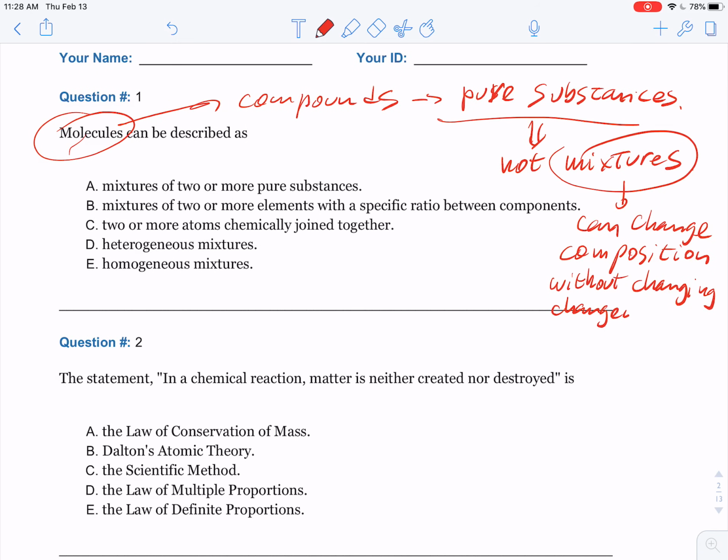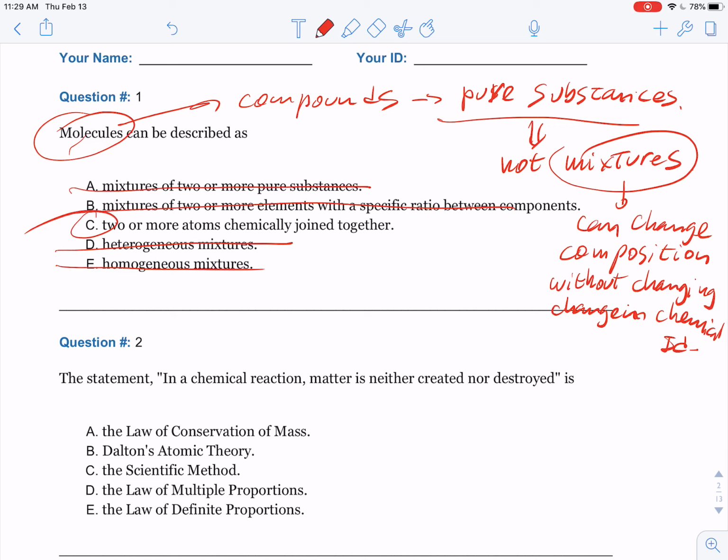So remember this: chemical identity. You have molecules, compounds, pure substances, nothing to do with mixtures. So you can forget about A, B, D and E. It's two or more atoms chemically joined together.